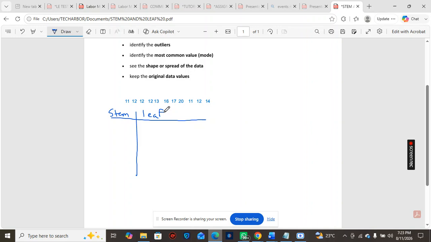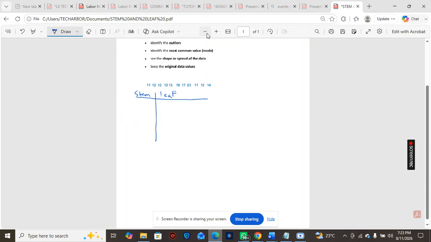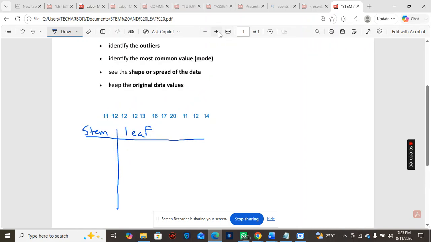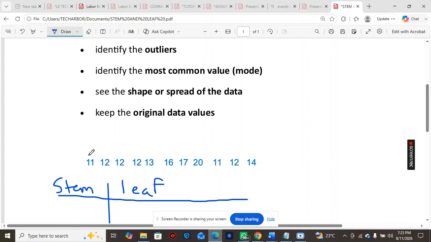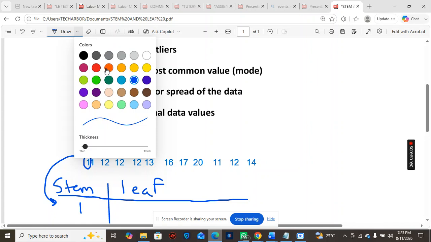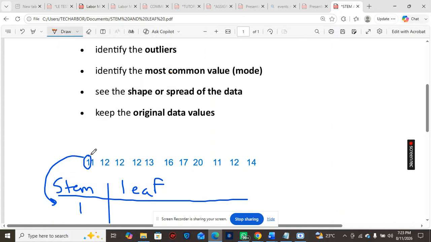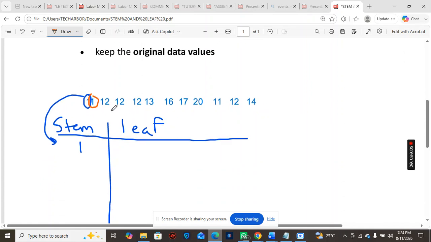So if you look at a number like 11 here, this first number goes on the stem side, 1, and this other number goes on the leaf side here. That's how you represent 11.